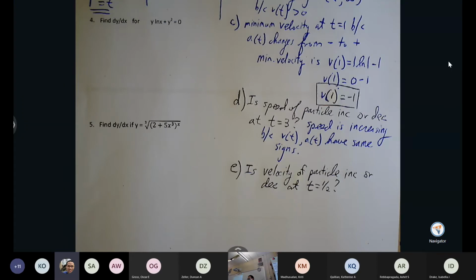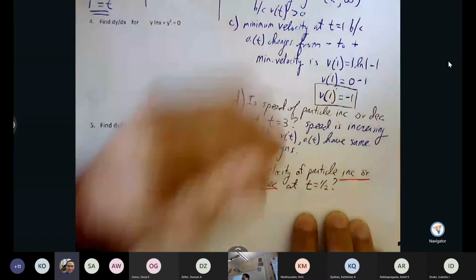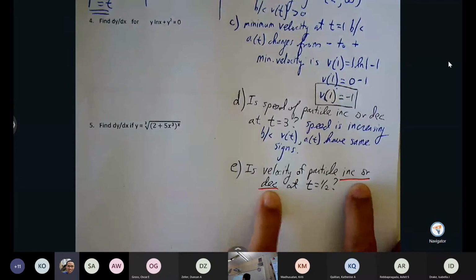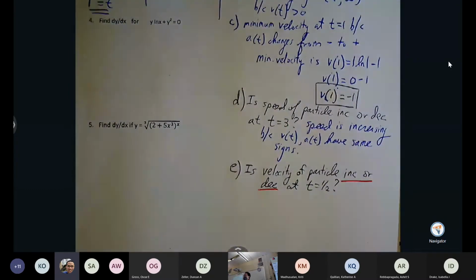Any ideas? And the acceleration. Yeah, it's acceleration. It looks like it's velocity, but it's actually acceleration. What is it about the wording that tells us to look at acceleration and not velocity? Yeah, this is right. Increase, decrease. This is not the same thing as saying is the velocity positive or negative, right?